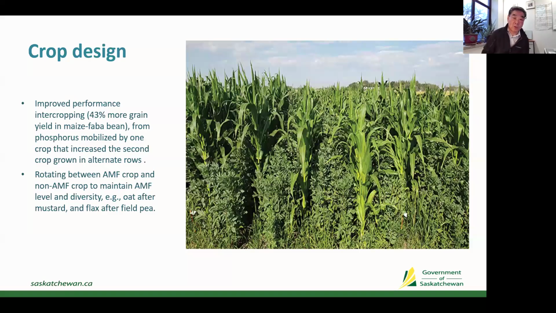Then if you grow oats, oats would be able to recruit those AMF fungi and reestablish them. Similarly, like flax after field pea, because field pea is a very strong AMF-supporting crop. So flax needs this kind of AMF population in the soil to produce a high yield.